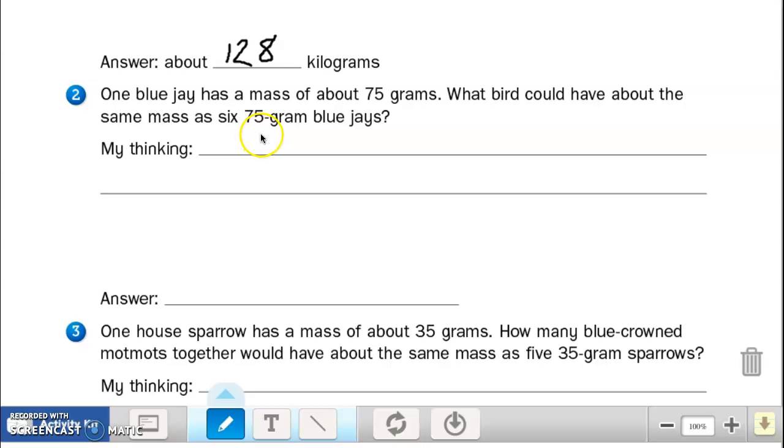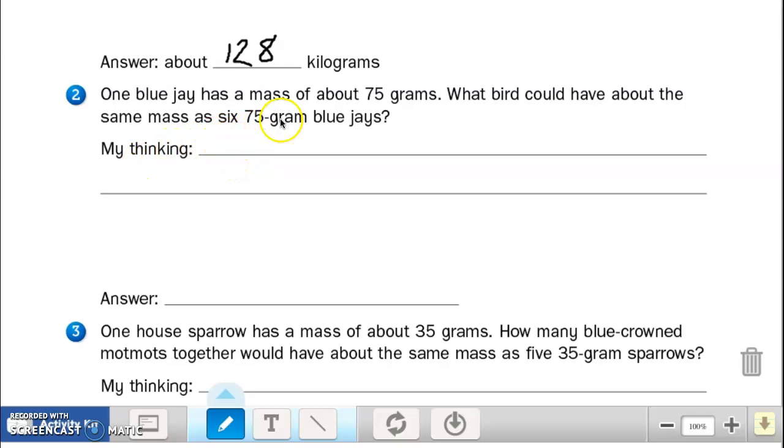Now, again, I'm going to tell you the mass of some of the birds. I'm not going to flip back and forth so that you can see it. If you would like to go back and forth, you can. You can go back to that page with all the pictures of the birds. And if you have your math journal, I believe it's right there on pages 277 and 278. So you can go look at that.